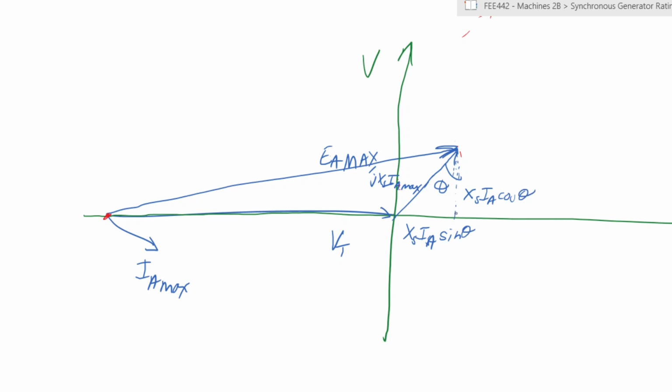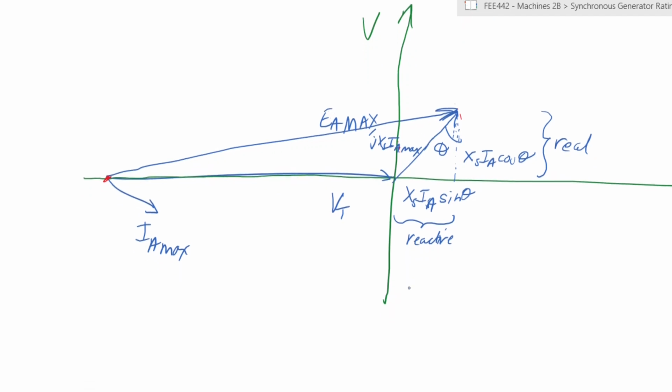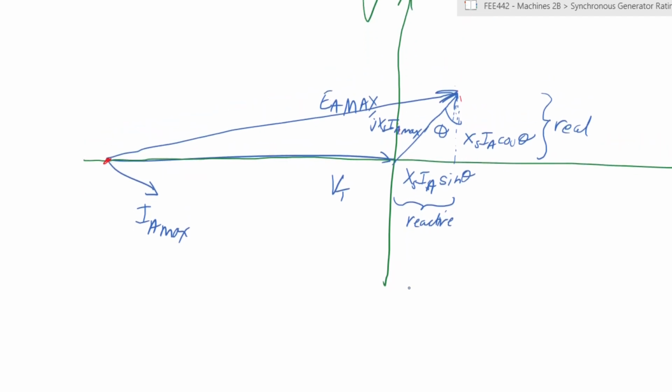Now, what you will note is that on this axis, these are real components, and on that vertical axis, we have reactive components, right? So you can break down the powers of this generator into those components.